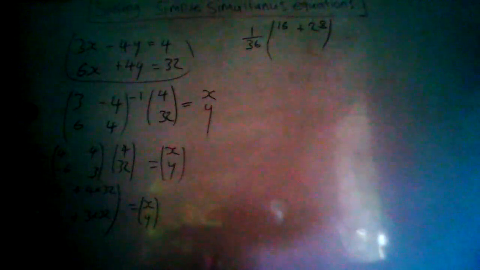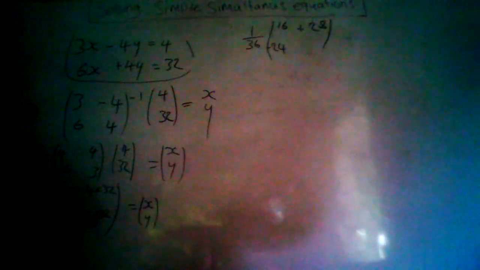And then negative 6 times 4 will be negative 24. And 3 times 32 would be 96.